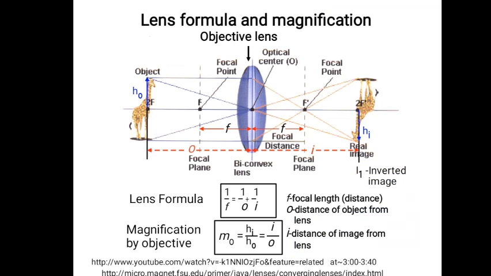For the objective lens, the lens formula is 1 upon F equals 1 upon O plus 1 upon I. So these are the various formulas for lens and magnification by the objective.